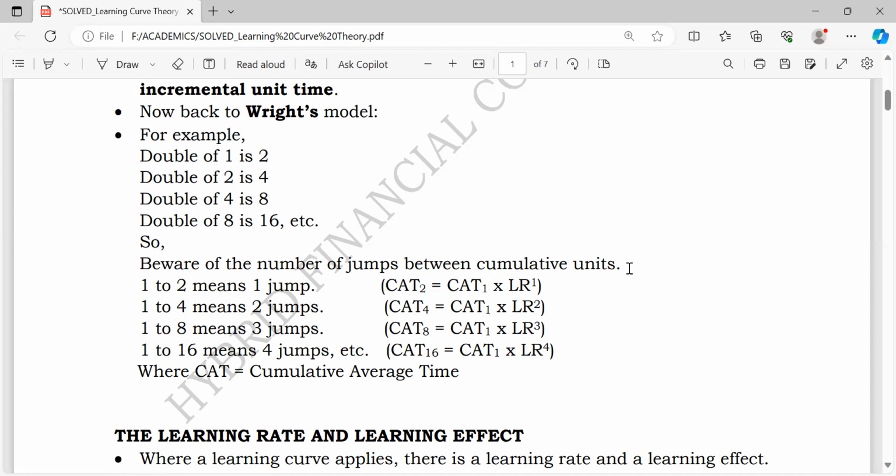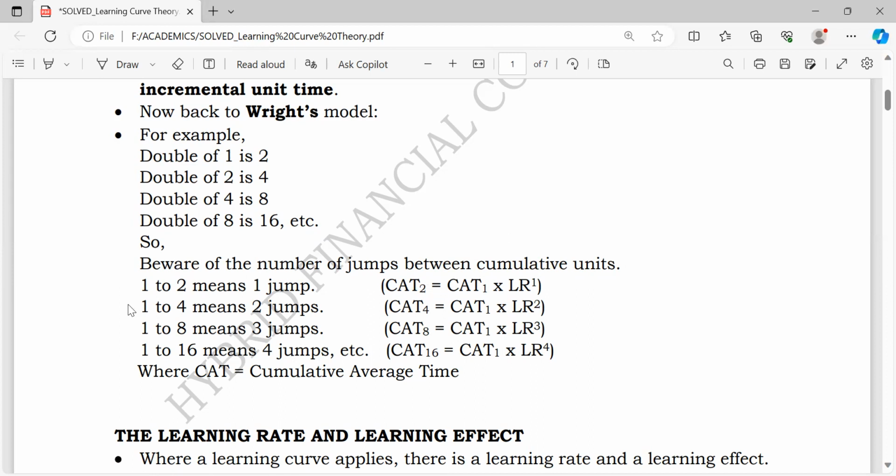So let's say whenever units double, time falls by 30%, we remain with 70%, right? Now, that 70% is what we call the learning rate. If when units double, the average time falls by 20%, to know the learning rate, you take 100% minus the 20%, and you remain with 80%. So that's how we determine the learning rate.